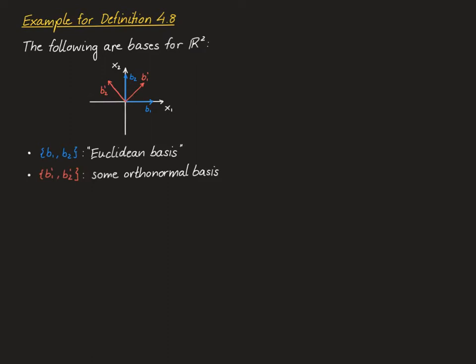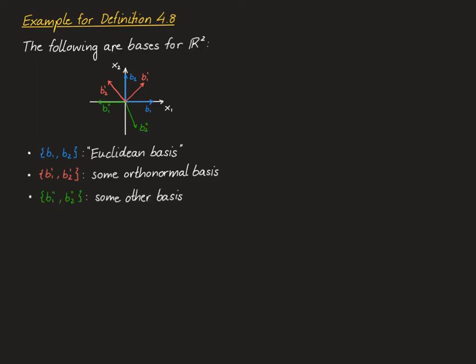However, any rotation of the Euclidean basis, like the one shown in red here, b1' and b2', is also a basis for the vector space, because we can write every vector in the plane as a linear combination of b1' and b2', and also b1' and b2' are linearly independent. So in this case, b1' and b2' are some other orthonormal basis.